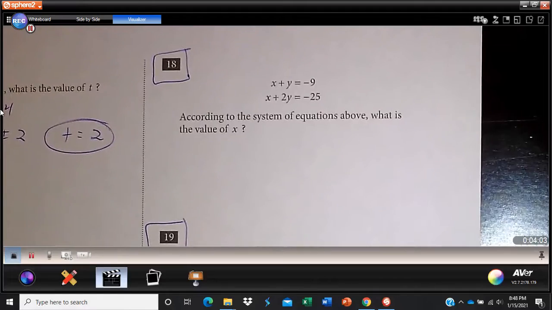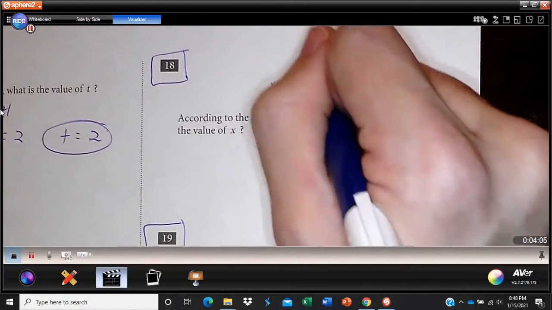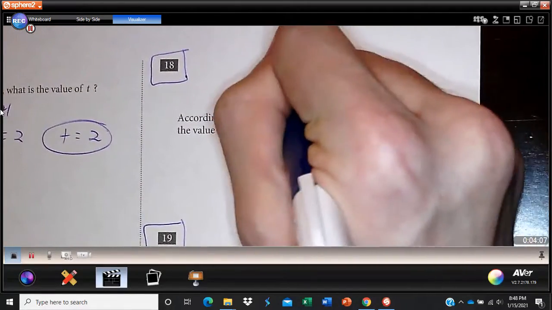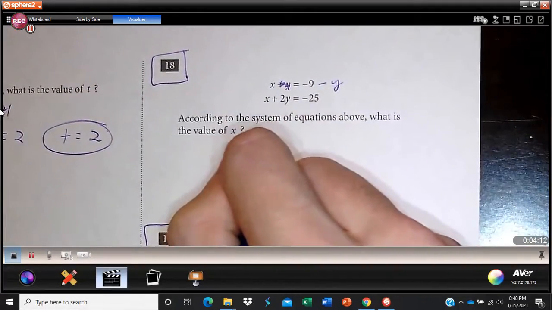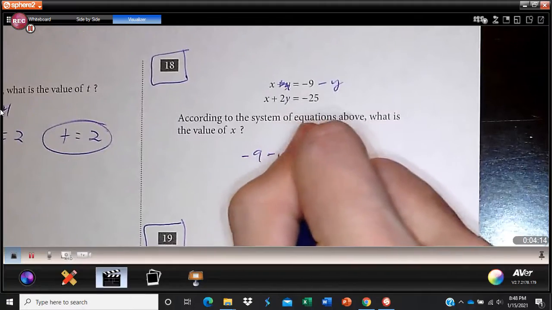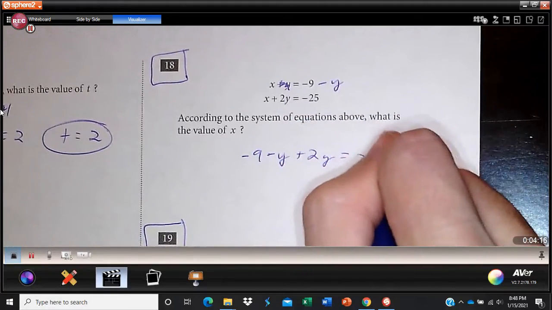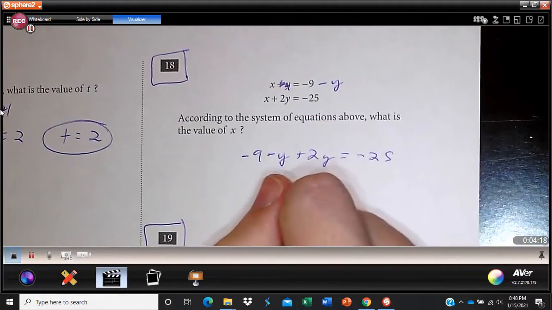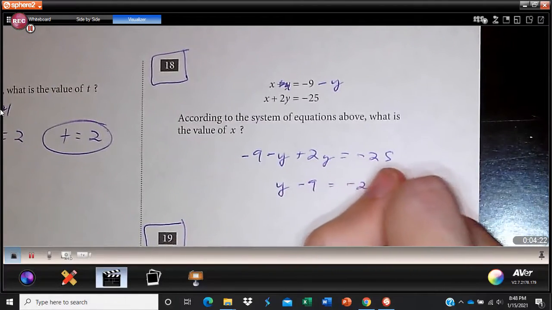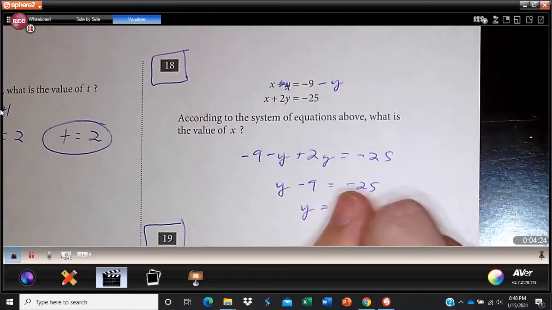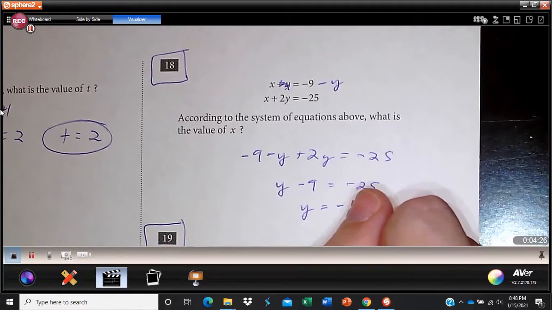Yeah, 18 I should know how to do. So x, so that's minus y on that side. And then, so minus 9 minus y plus 2y is equal to negative 25. So that's y minus 9 is equal to negative 25. So y is equal to negative 16.